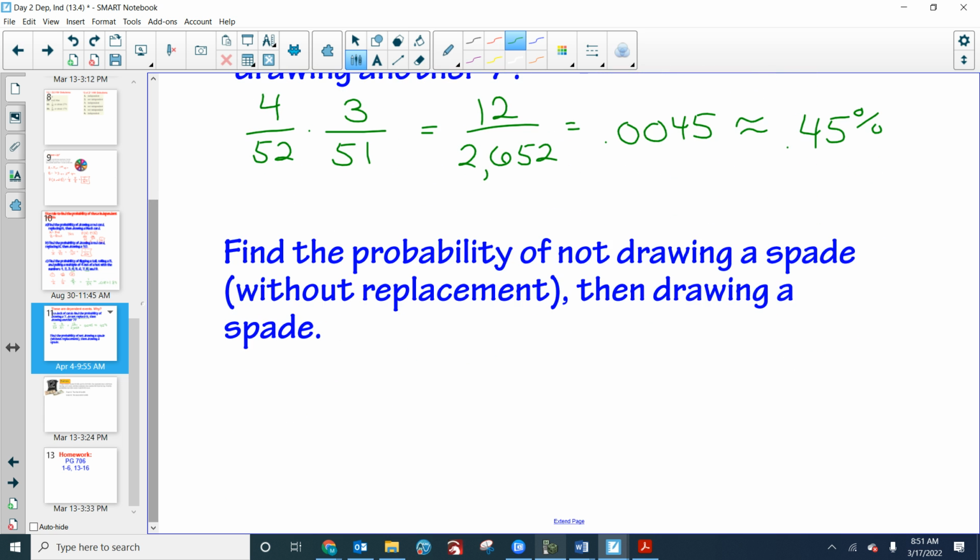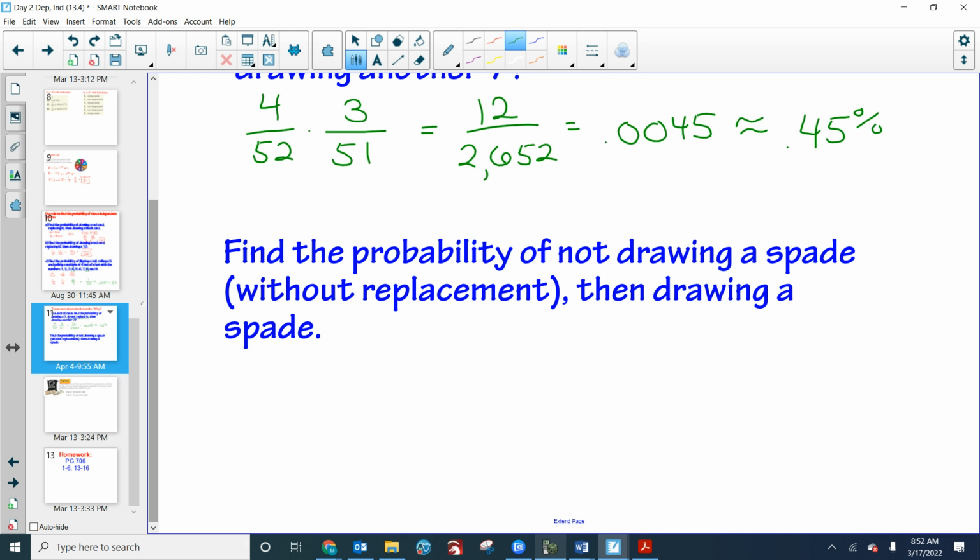All right, I want you guys to try the next one. She said, how would you subtract 4 from 52 to get the not spade? 13.